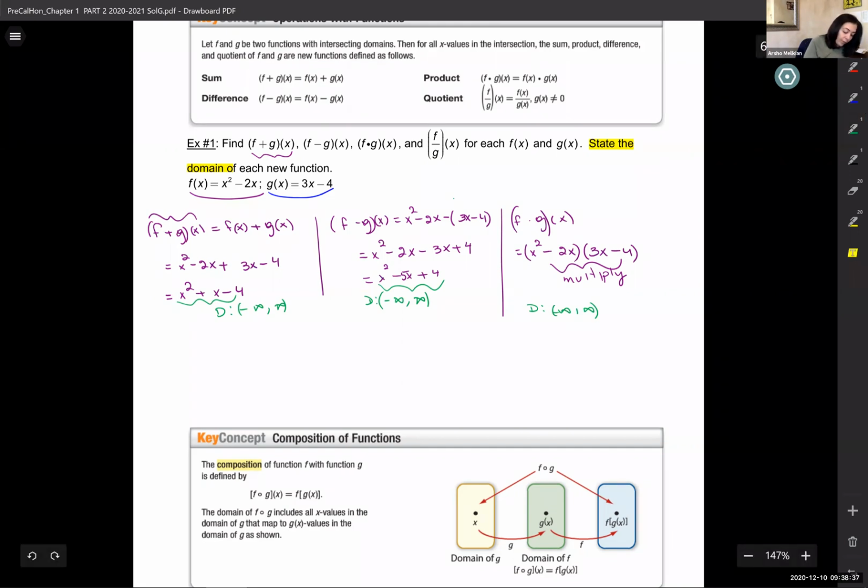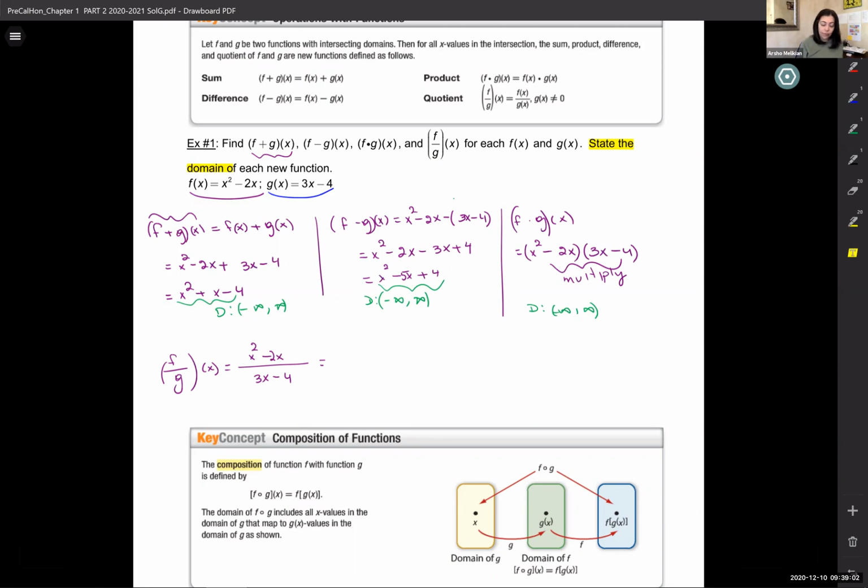The one I'm going to focus on is f over g of x. You are going to divide the first function by the second function. Students always ask me, do I need to simplify this any further?